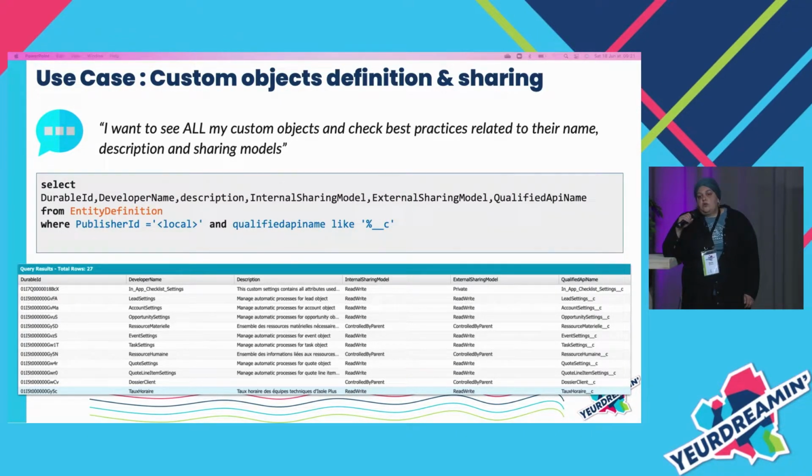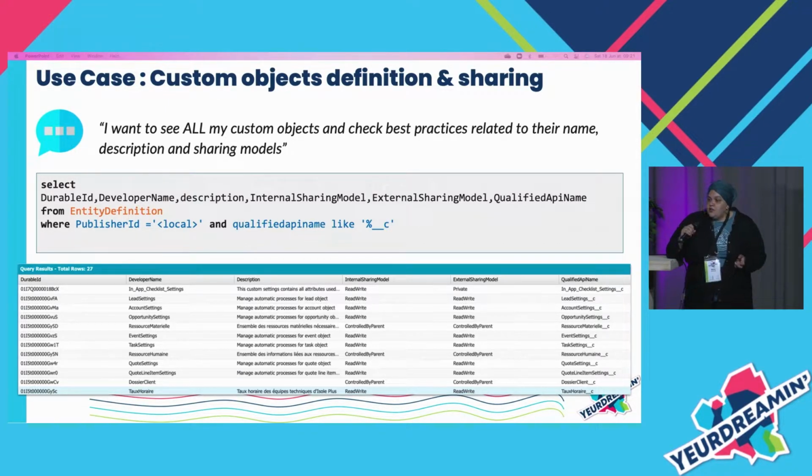So if you want to check how to retrieve all the sharing models for the internal and external at the same time, you can query the entity definition, basically the object, and then retrieve the internal sharing model and external sharing model, and you will have the two pieces of information.